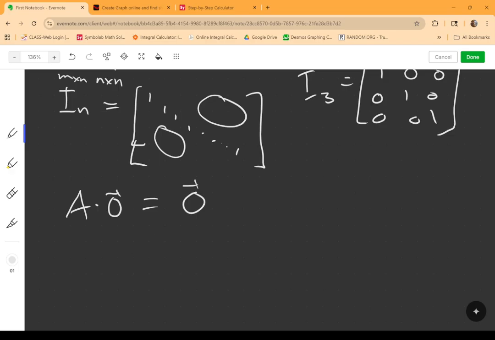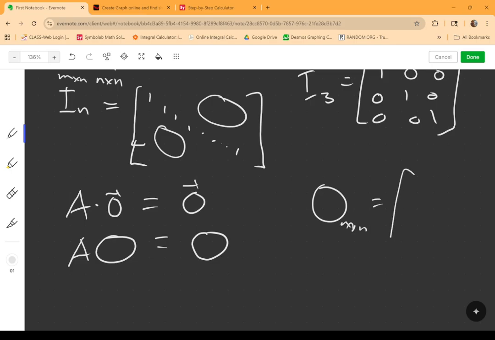Here we treat them like vectors, but we're talking about a matrix, so I think the book uses the big 0 for the zero matrix. So here it is just the m by m matrix, depending on what size you need for multiplication, filled with zeros.